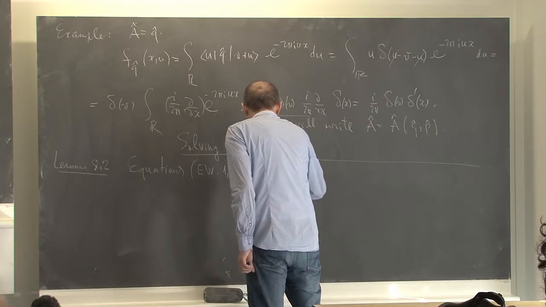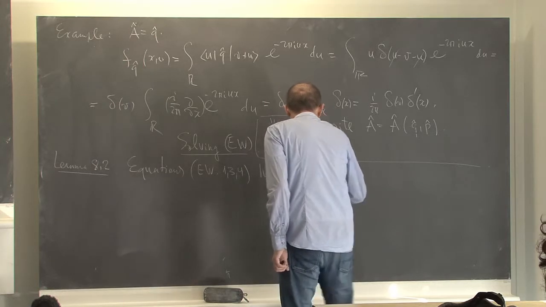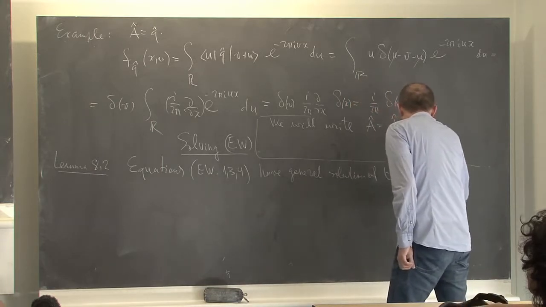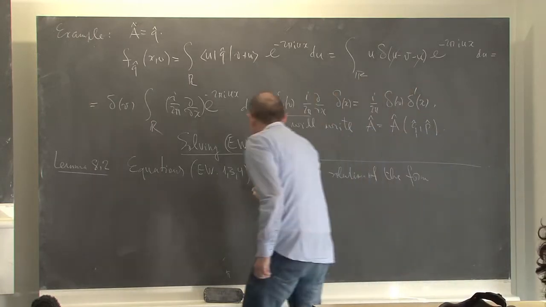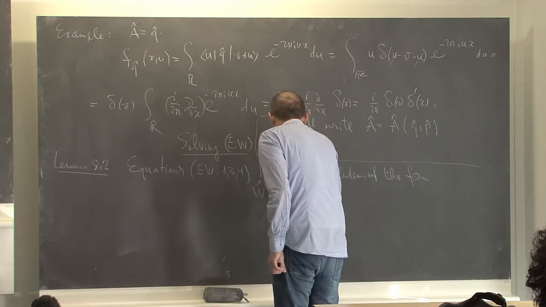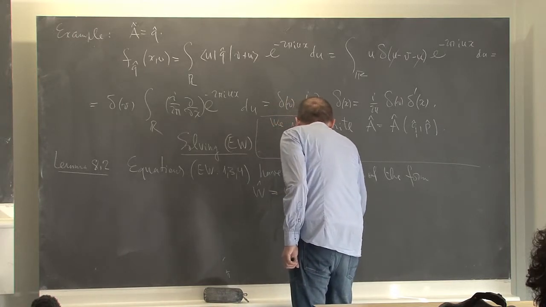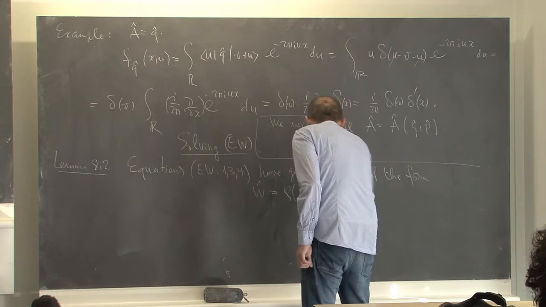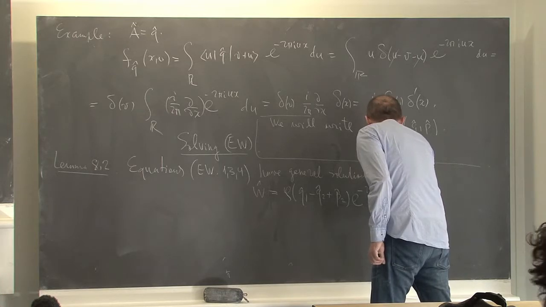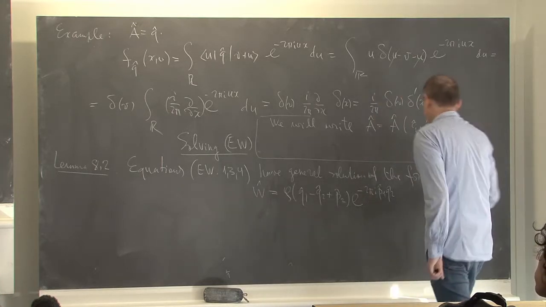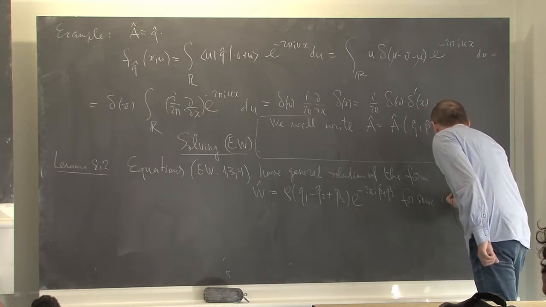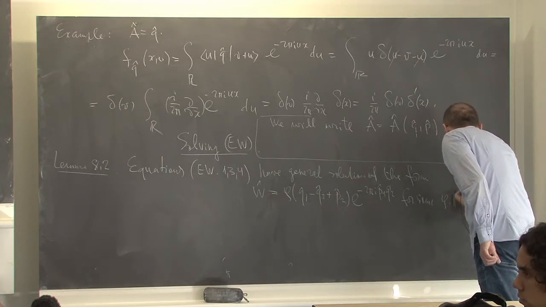They have a general solution of the form W hat equal to phi of Q1 minus Q2 plus P2, times the exponential of minus 2πi P1 Q2, for some function phi from R to C.